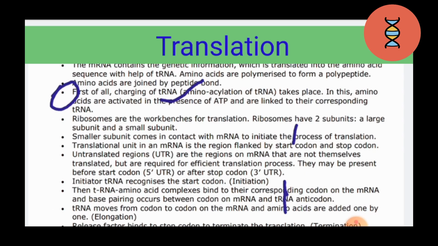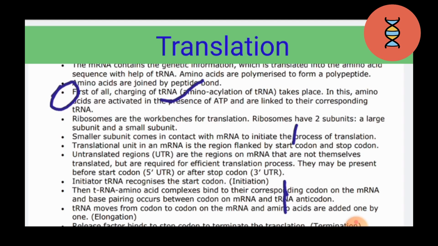Children, during this step, amino acid comes and attaches at the 3' OH end of the tRNA. This requires energy and that energy is provided by ATP. In very simple words, binding of one amino acid at the amino acid acceptor arm at the 3' OH end requires energy which is provided by ATP. And that step of attachment of amino acid is known as charging of tRNA, or we can say amino acylation of tRNA.